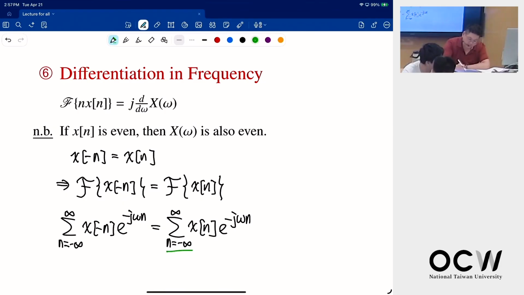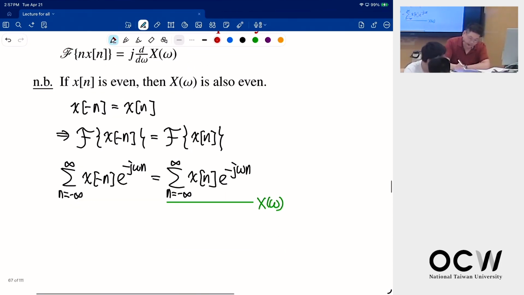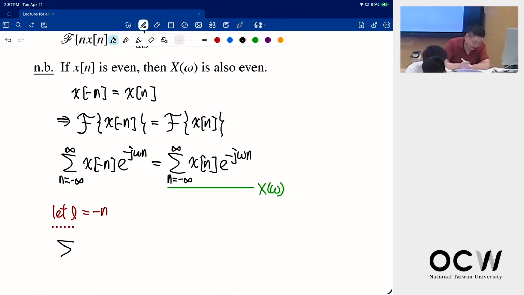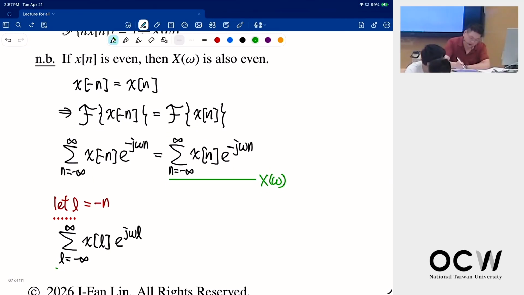We know this is the Fourier transform X(omega). How about the left hand side? Let's do a change of variables, L equals minus n. I'll get L from minus infinity to infinity, x[L] e^(j omega L). So this is also X(-omega).